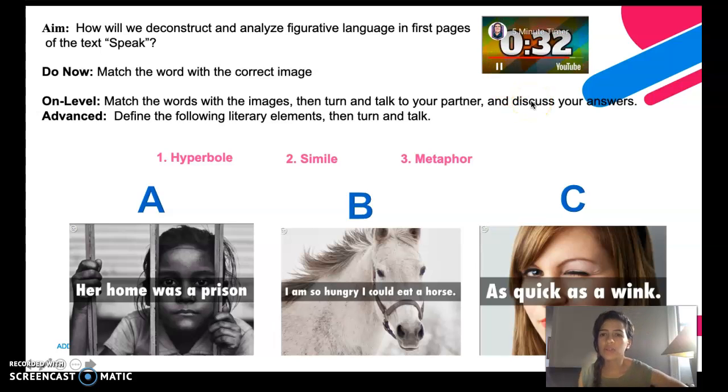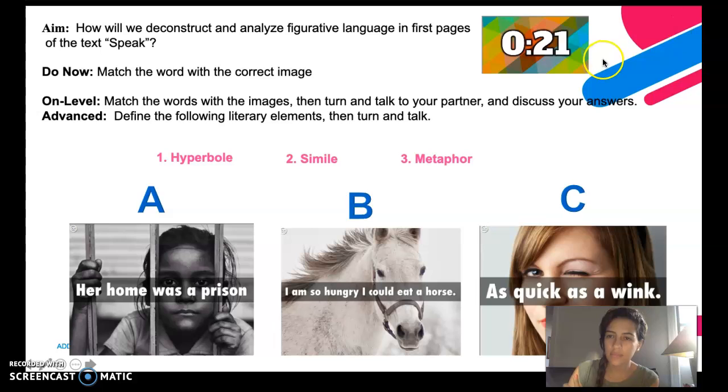So at this point, you should be discussing the answers with your group. You have about 25 seconds left. Please get ready to share your answers and your classmates' answers.